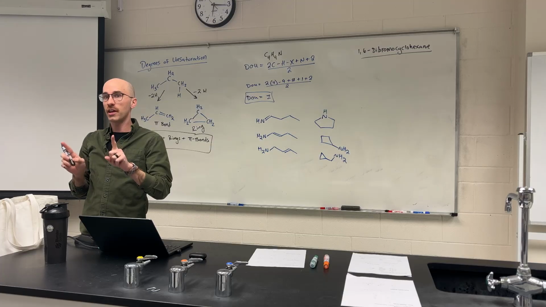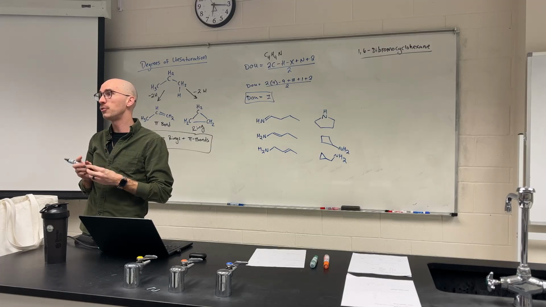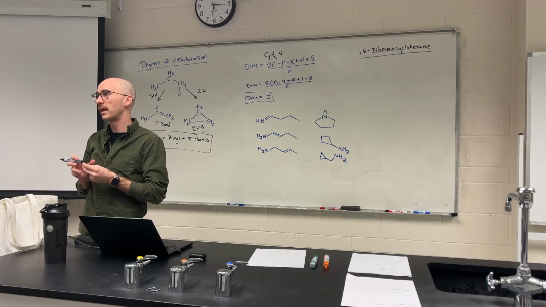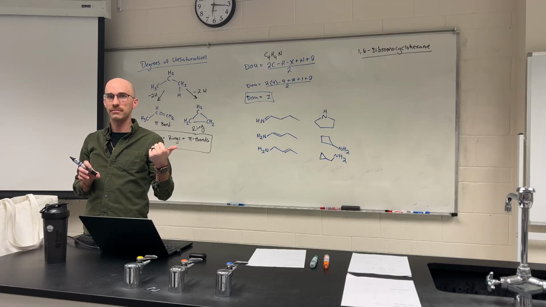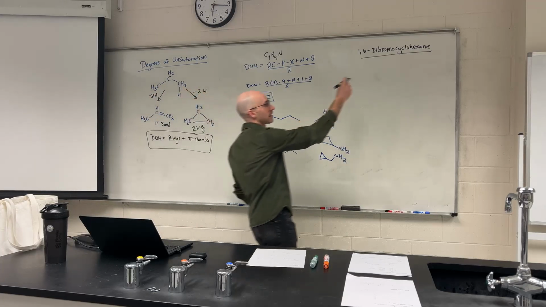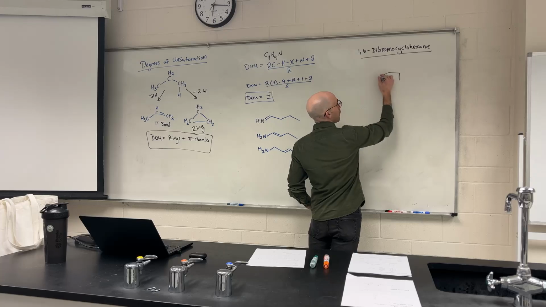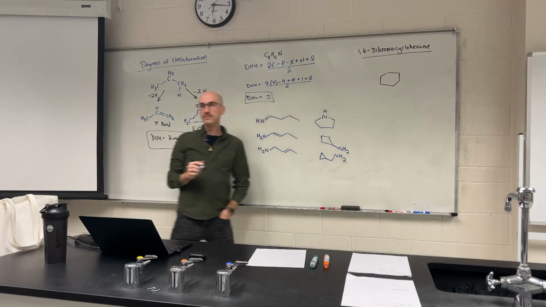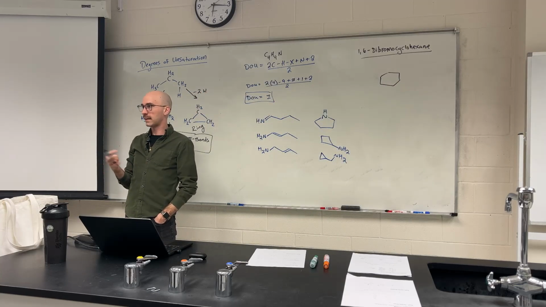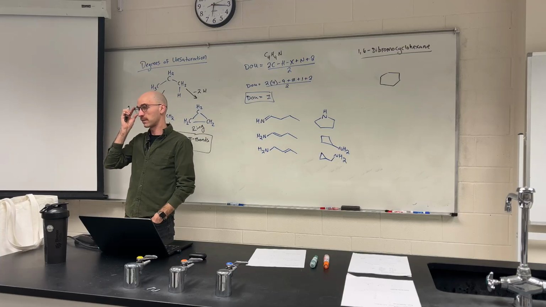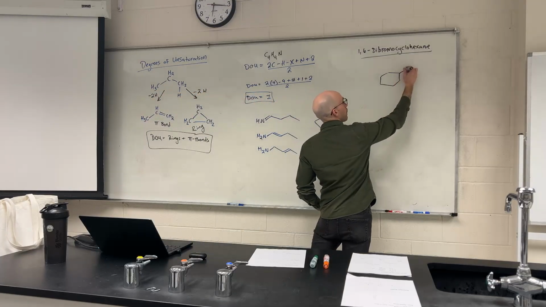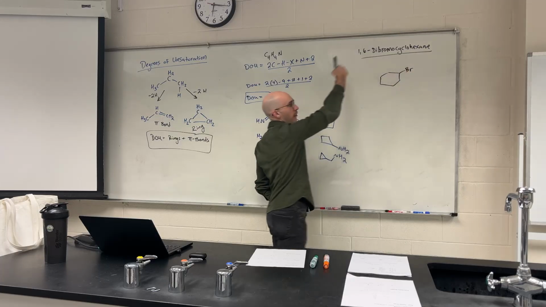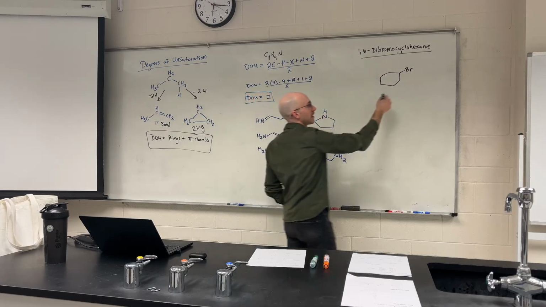There's nothing you need to change about the name as it is. You need to draw the molecule based on this name. I always like to start with the parent chain. You know that you're going to have a 6-membered ring, so get that parent chain drawn down. Then start adding in the substituents following their locants. Position 1, I have a bromine. And I move my way around the ring. Position 6 gets a bromine.